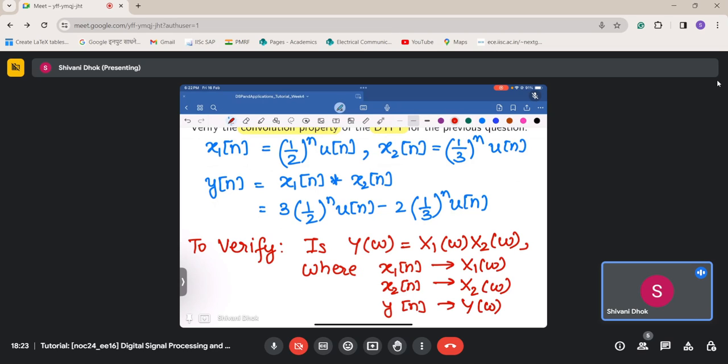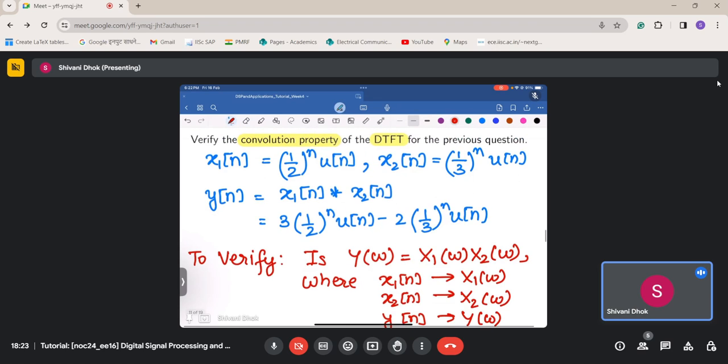Okay, so this is the thing that we need to verify, right? Now if you observe carefully, these signals are all of the form a to the power n u[n], where the magnitude of a is less than 1.